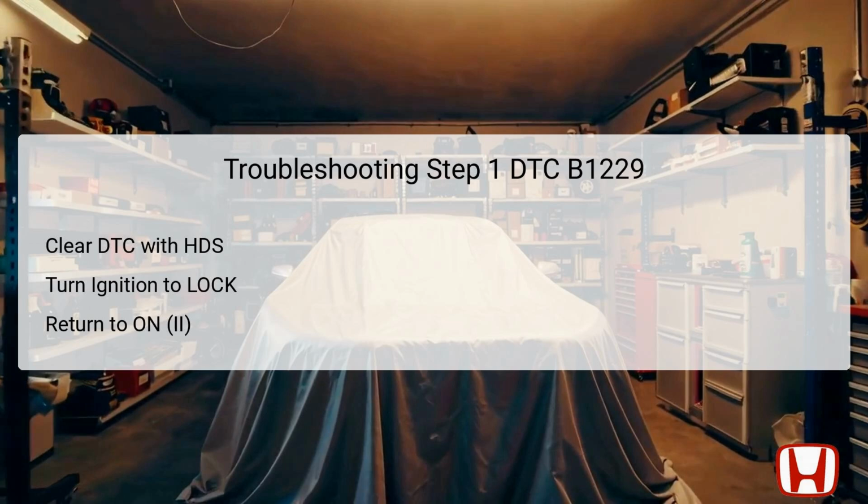This step ensures that the vehicle's electronic systems are fully reset, preparing them for the upcoming diagnostics. Properly executing this step is critical as it may clear temporary issues that do not warrant further investigation. After completing this, you'll be ready to assess whether the problem persists.